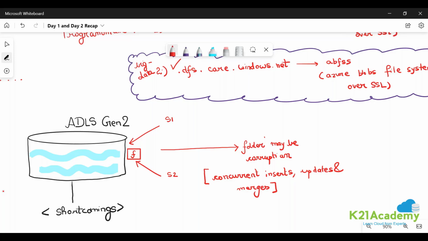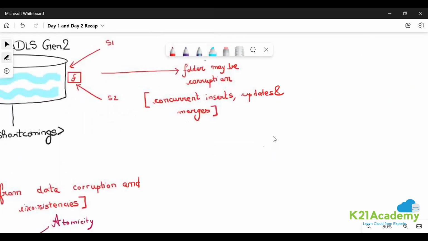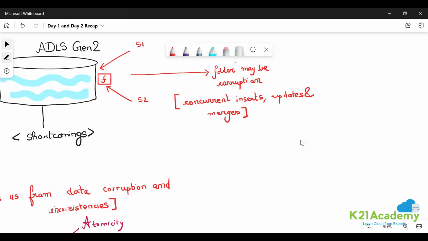So the solution is that the company called Databricks invented something called a Delta Lake engine, and the Delta Lake engine has a lot of advanced properties.